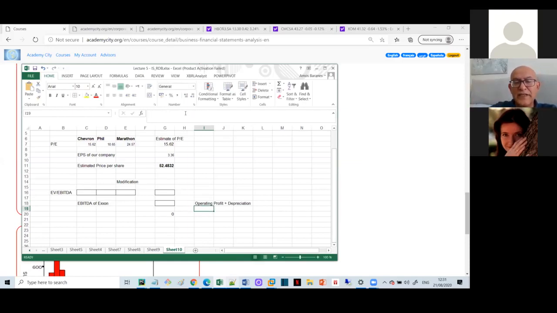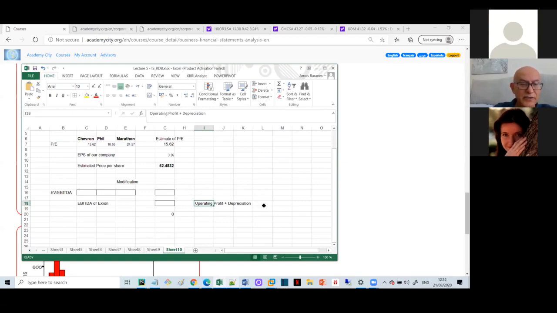This is trying to estimate more or less the cash flow of the company. So that's why it's very broadly used by a lot of analysts.